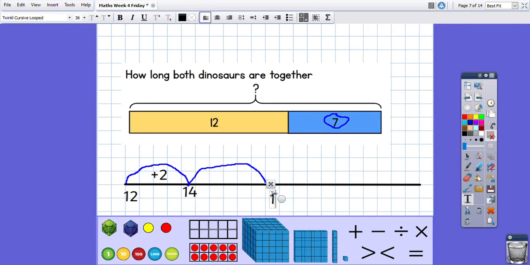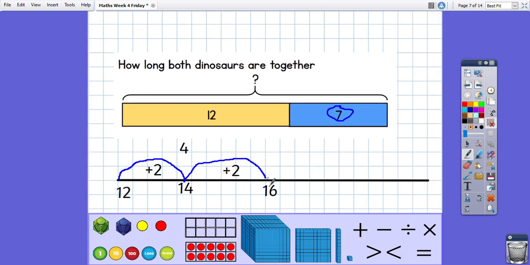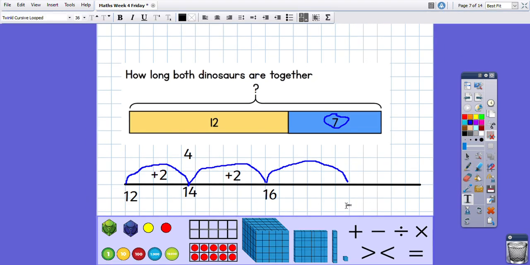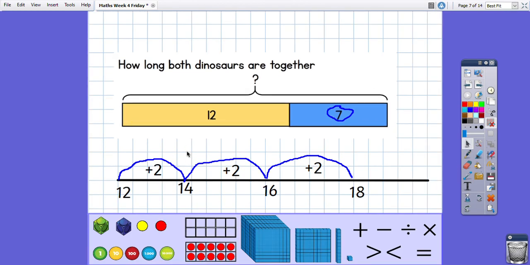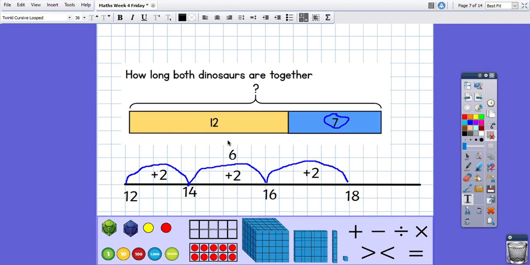So again, I've got 16 and I've added 2. Remember to keep count of how many you've added. So at the moment, I'm just going to put a little reminder here. I've added 4. 16 add 2 is 18. I'm going to put an 18 there and my add 2 in here. And we're now going to get rid of this 4, and I've added 6 altogether.